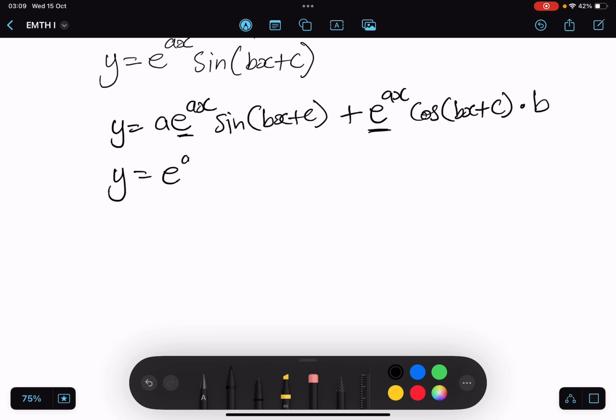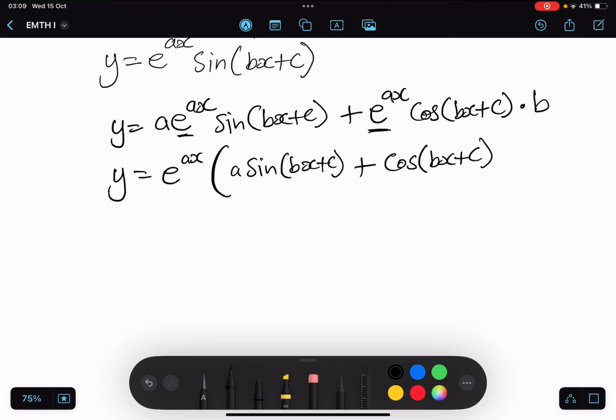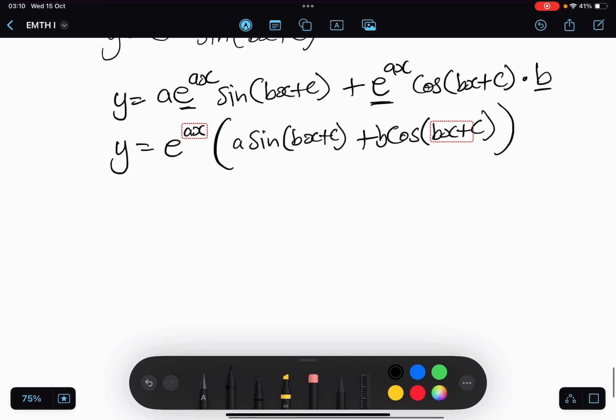So you're going to have e^(ax) times a sin(bx + c) plus cos(bx + c), and of course this is multiplied by b, which is this b, right?